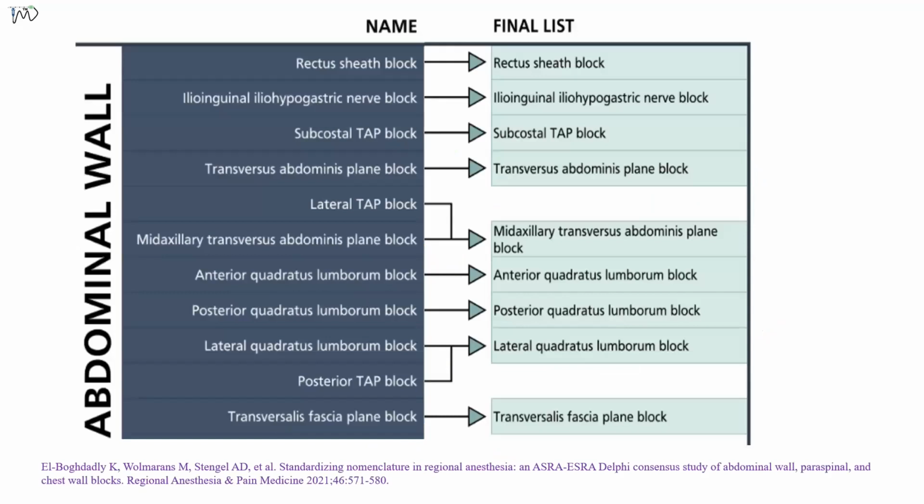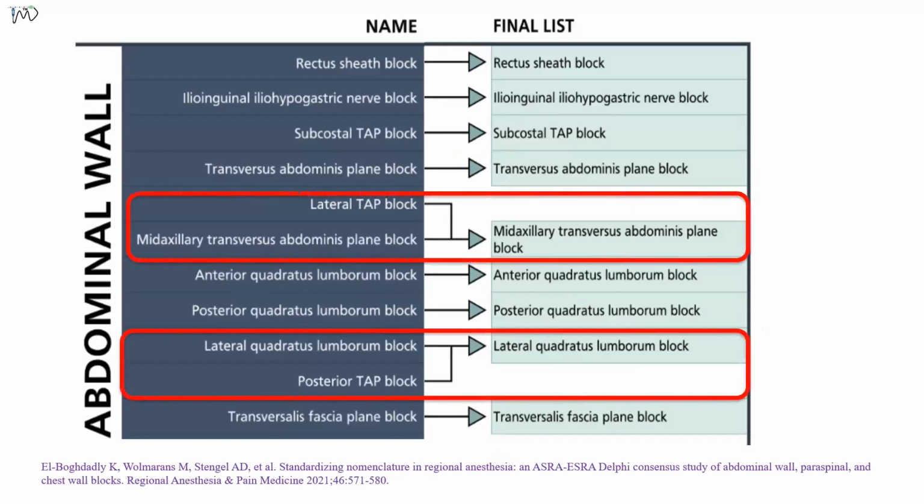Recently, an international consensus study led by two big bodies, the American and European Societies of Regional Anesthesia, has standardized the nomenclature. I will try to follow this latest nomenclature and description throughout my lecture.